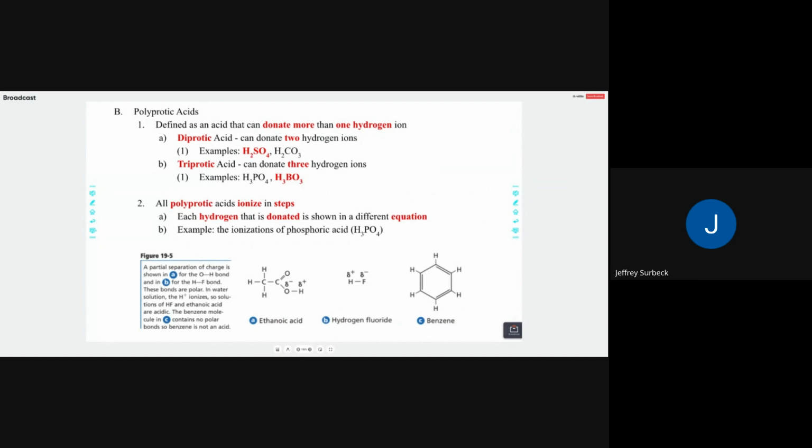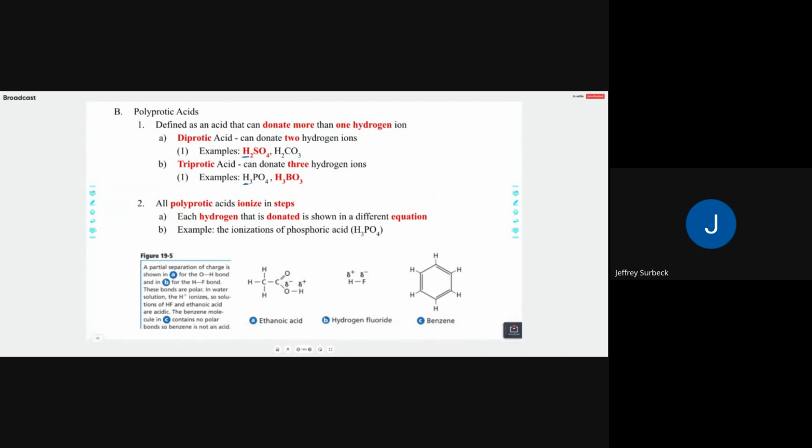For example, we have sulfuric acid and phosphoric acid. Notice these H's out in front are the ones that can be donated. So sulfuric acid can donate 2, and phosphoric acid can donate 3 total hydrogens, all right?